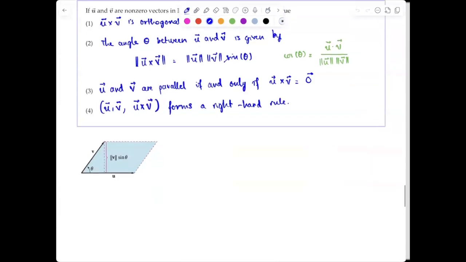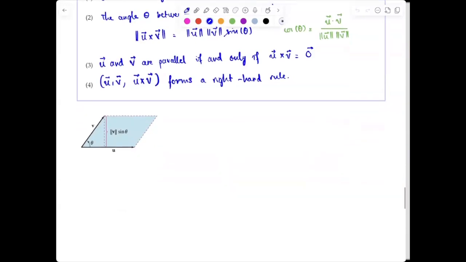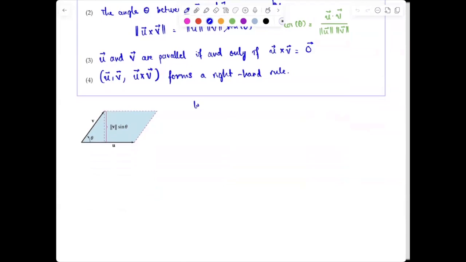Now I'm going to relate the second property to the area of parallelograms. Okay, so let u and v be the adjacent sides of a parallelogram. So you have that right here.